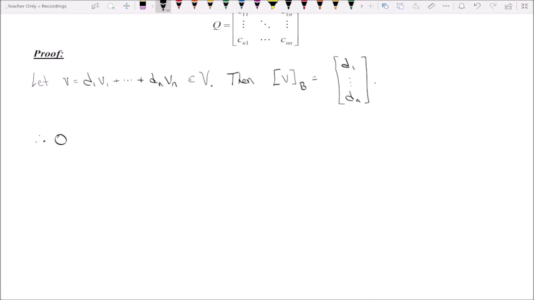Therefore, take Q times this coordinate vector.